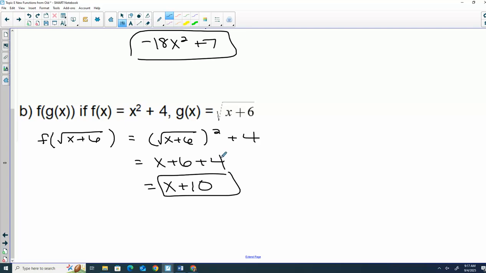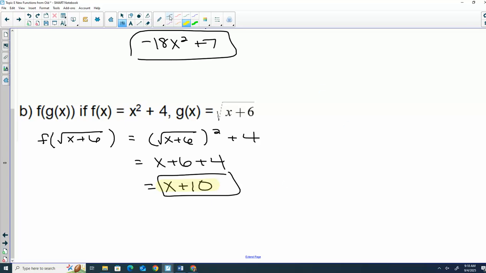Let's talk about domains of these things. If you remember from last year, you can't only look at the final answer for your domain. If I looked right here, what's the domain of x plus 10? What can x be? Negative thing, positive thing. You could plug absolutely anything in.